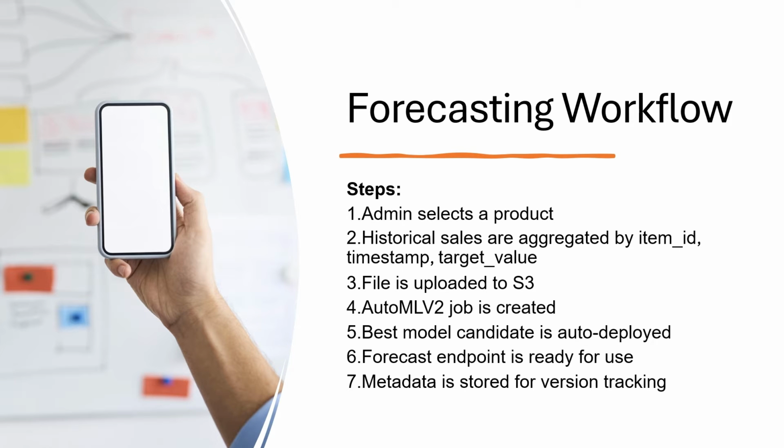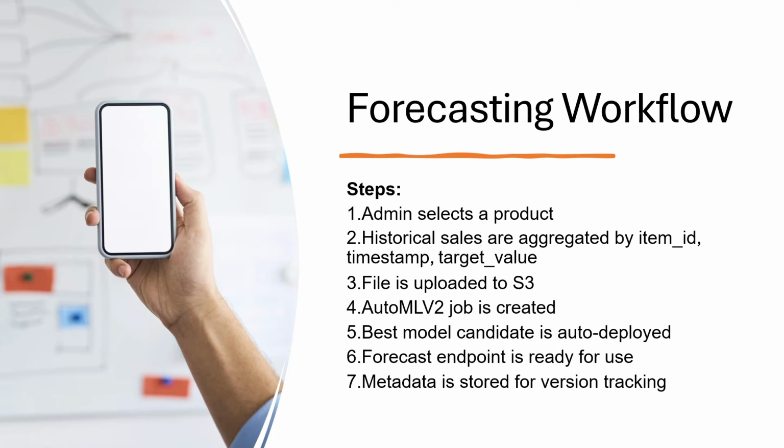Now, the entire workflow which we have designed is as follows. First, the admin selects a particular product, and the dataset which we are going to prepare will have a format of item ID, then the timestamp, then the target value which we want to predict. Then we upload the file to S3. Then we create an AutoML version 2 job, that is nothing but AWS Forecast, since it is actually integrated into the AutoML part.